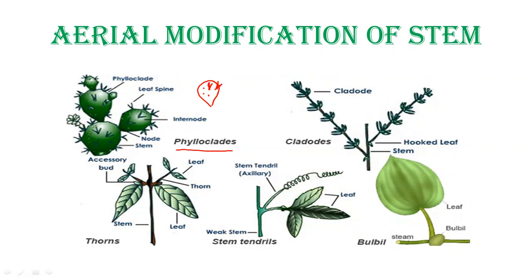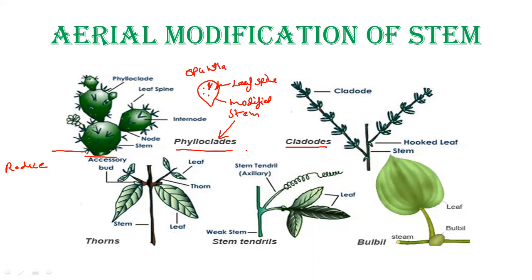Okay, so this is the leaf spine, and this cylindrical leaf is a modified stem known as phylloclades. Example, Opuntia. Okay, they are xerophytic plants, grow in dry areas because leaves turn into spines, so they reduce transpiration.